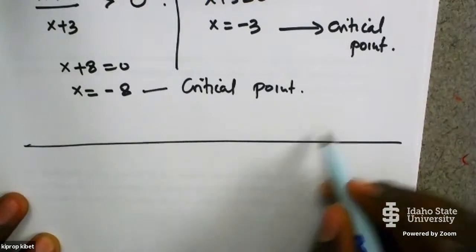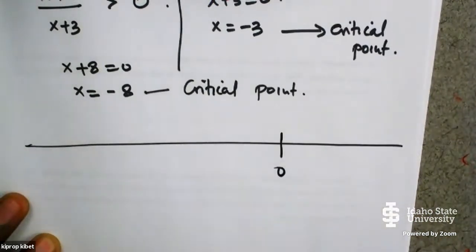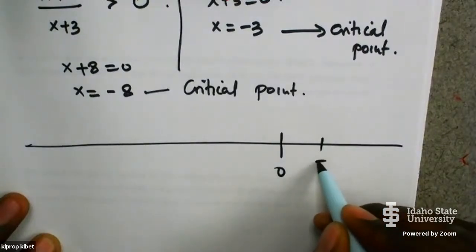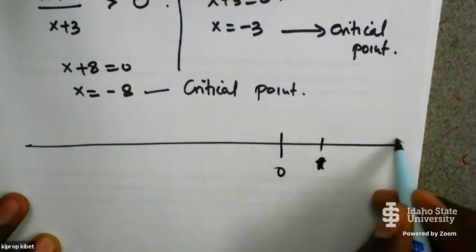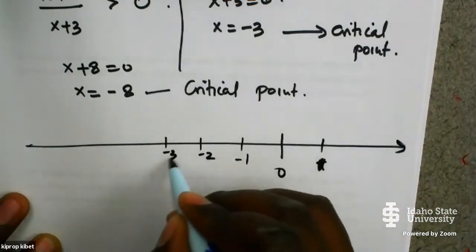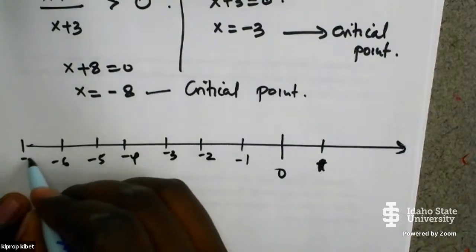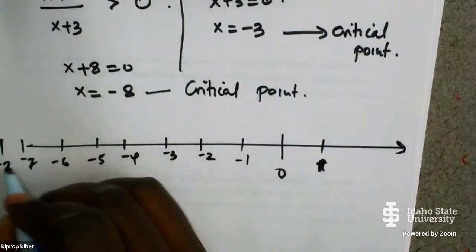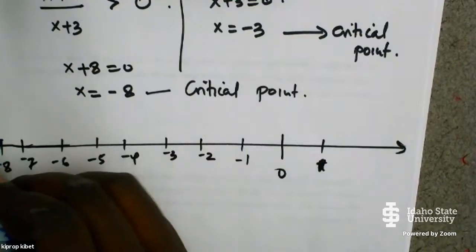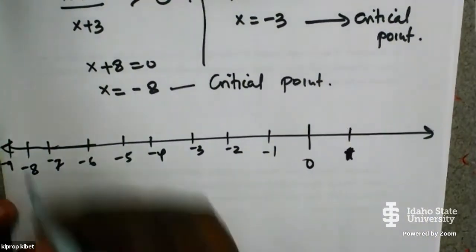So we now create a number line. You can put here 0, negative 1, negative 2, negative 3, negative 4, 5, negative 6, negative 7, negative 8, and then negative 9 as it goes that way.